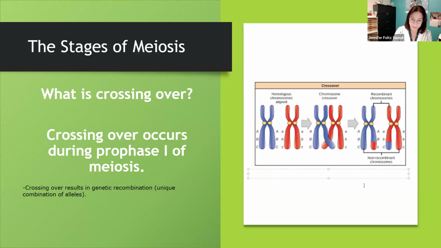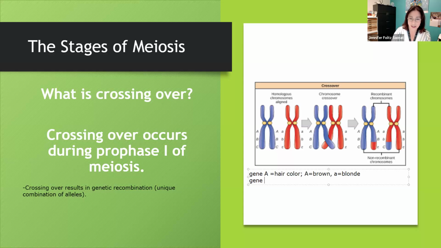So I'm going to write this here. Let's say gene A is hair color. Okay, so we have capital A equals brown, lowercase a equals blonde.